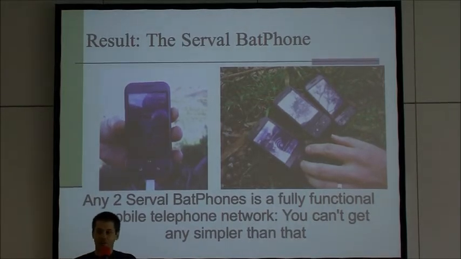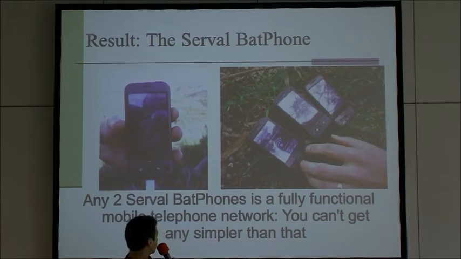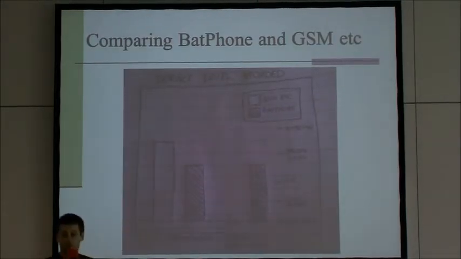And of course, it's very difficult for a telco to get in the way of that working, because you don't even need an access point. So I used some very fancy graphing software this morning, as you can see, to talk about this issue of conventional mobile telephony and what we've done.